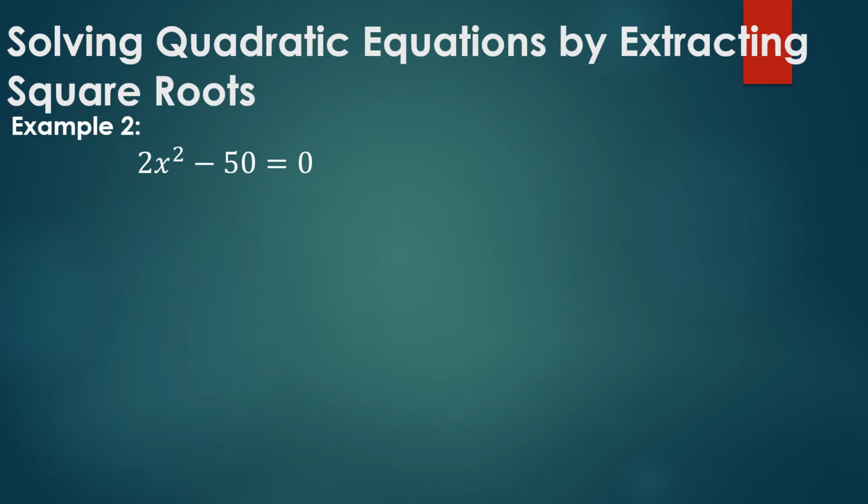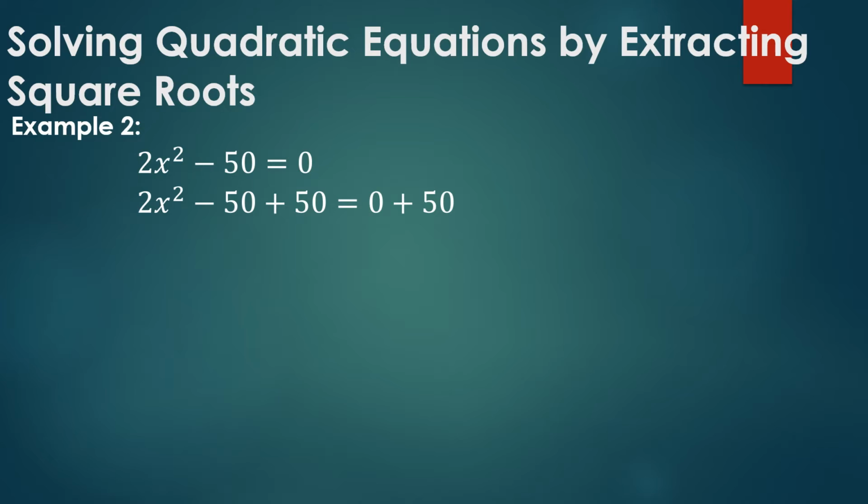Okay, let's have example number 2. 2x squared minus 50 is equal to 0. As you can see, it is written in standard form. But if we are going to solve quadratic equations by extracting square roots, we are going to isolate the variable term in the left side of the equation, and all constants must be on the other side of the equation. That's why we are going to isolate x squared by adding the opposite of negative 50, which is positive 50.